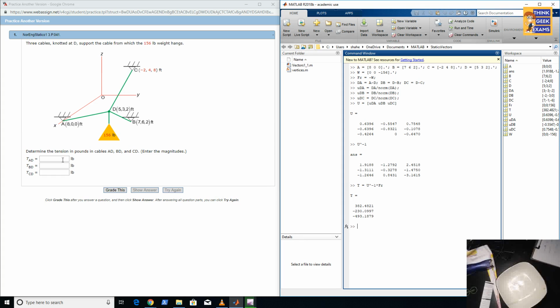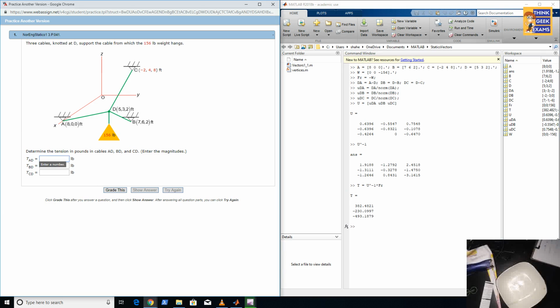And these are our answers. We need the magnitude so we can dispense with the negative signs. So 382. Why are there negative signs? .4821.